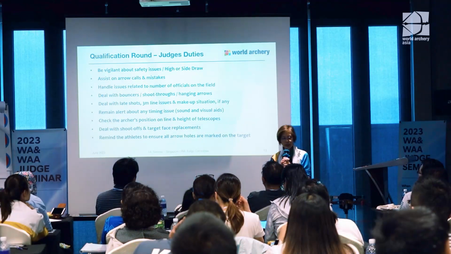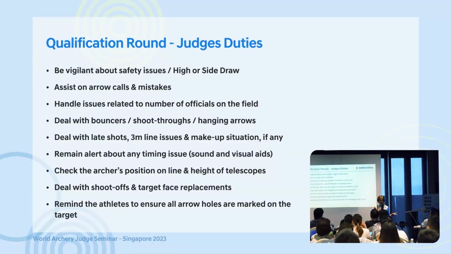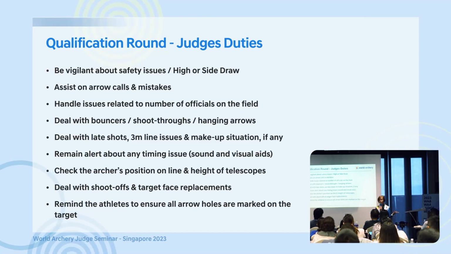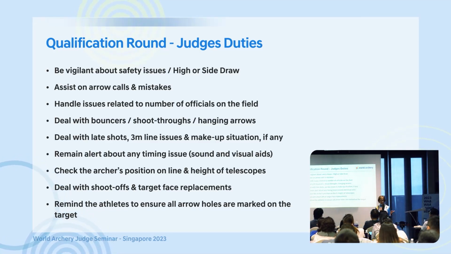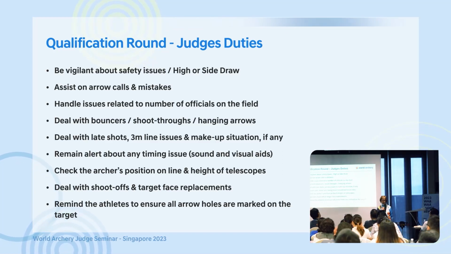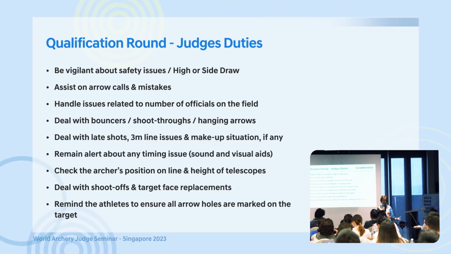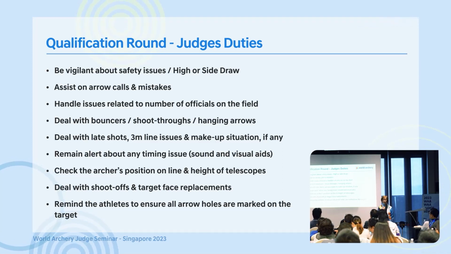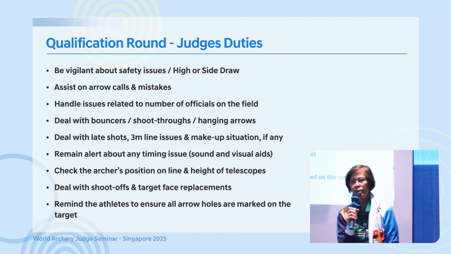Okay, so what else? We deal with bouncers, pass-throughs, hanging arrows, shots made out of time, before or after time, 3-meter line issues, make-up situations, if any, and then timing issues, the sound and the visual aids.